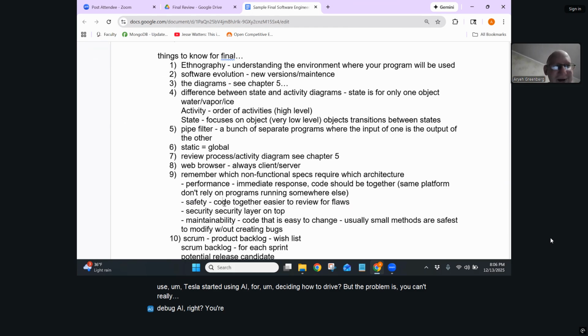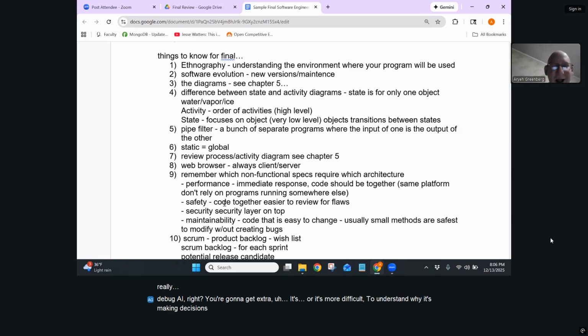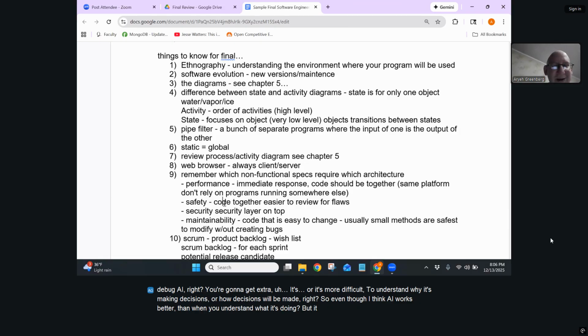It's more difficult to understand why it's making decisions or how decisions will be made. So even though I think AI works better than when you understand what it's doing, it's not as safe in a way because you don't really know why it's making decisions, and therefore you don't know when it's going to break.